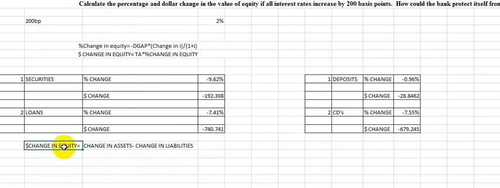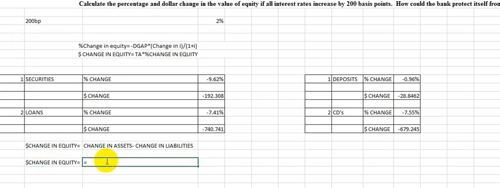It's equal to the changes in assets, which were as follows: negative 192 plus negative 740, minus the change in liabilities, negative 28.85 and negative 679.